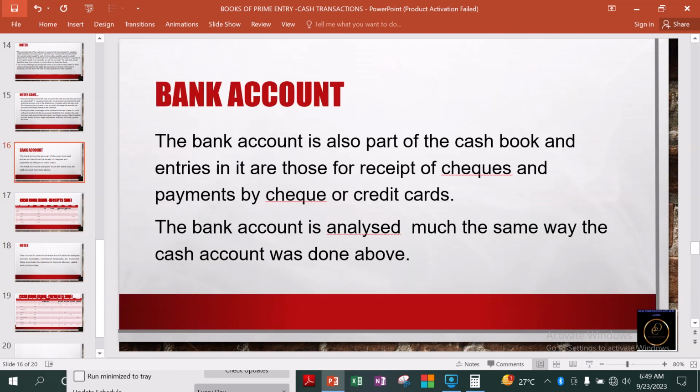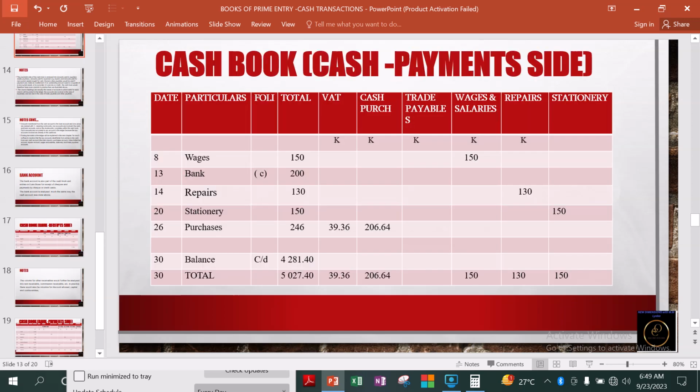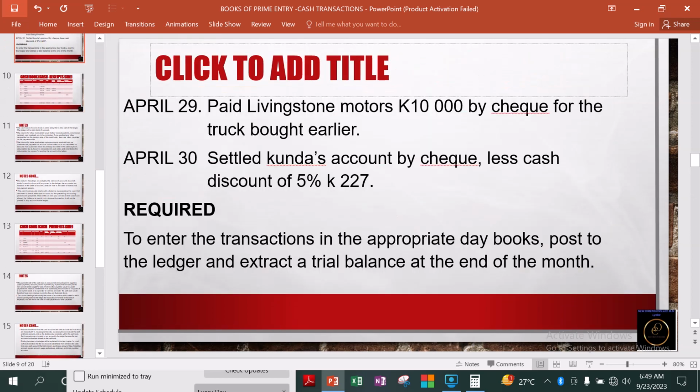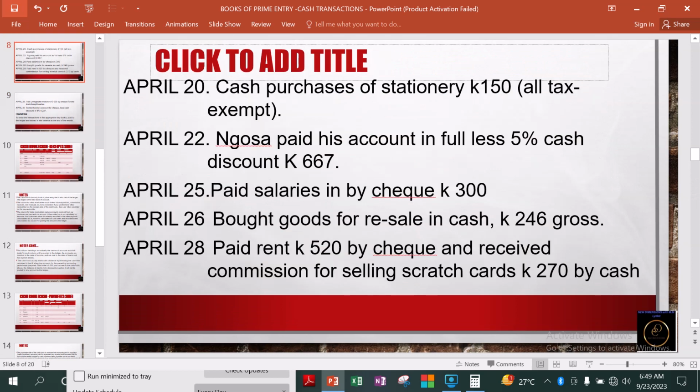In this case, we are looking at the 26th April, where goods for resale were bought in cash, 246 kwacha paid gross.